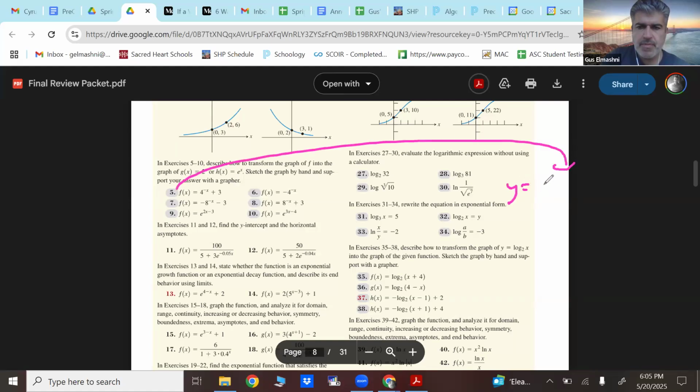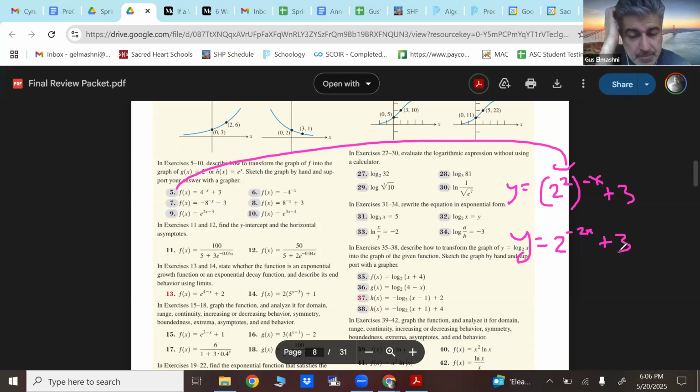Y equals... So I guess we could say you horizontally shrink it by a factor of 2, reflect about the y-axis, and shift up 3 units.